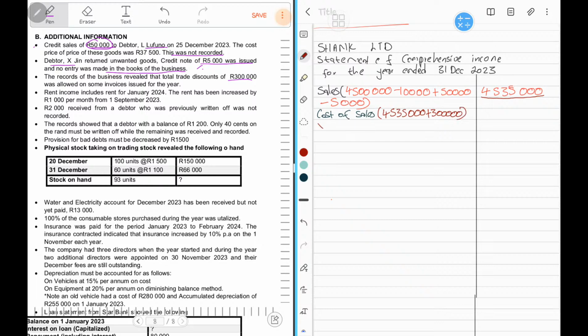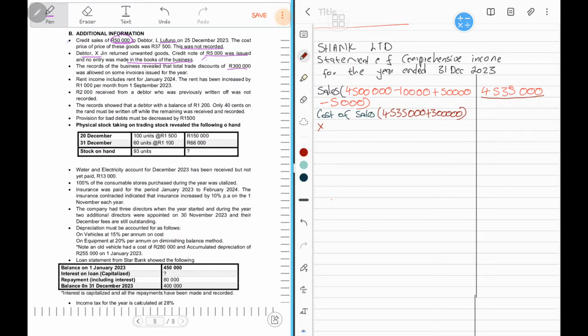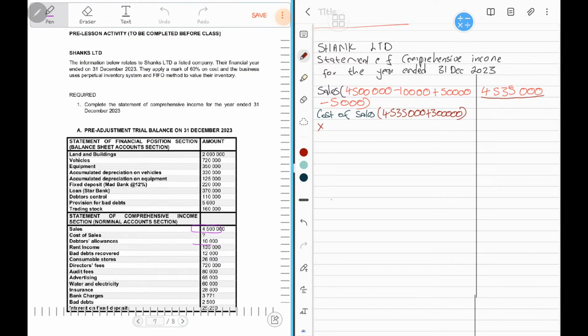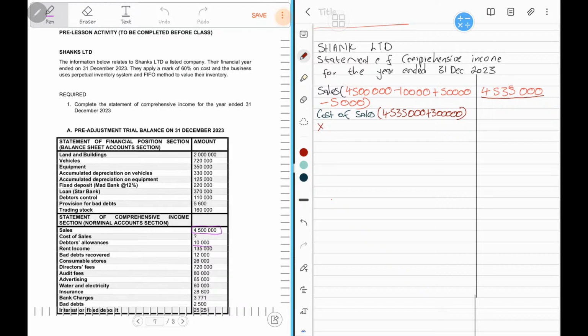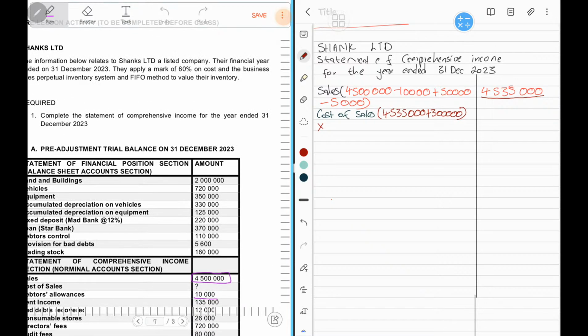Then we're going to multiply. Remember, we're given a markup earlier on, so every information that is given to you is very important. So we're going to apply the 60% markup here. We're going to multiply by 100 over 100 plus markup, so it will be 160.